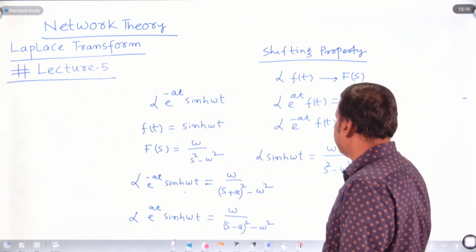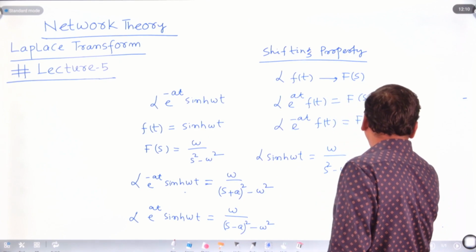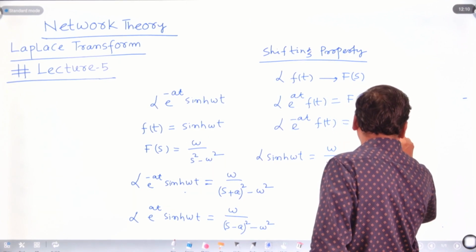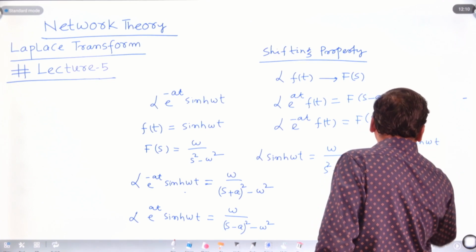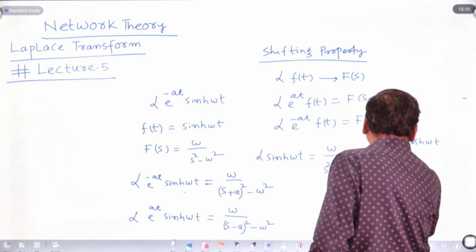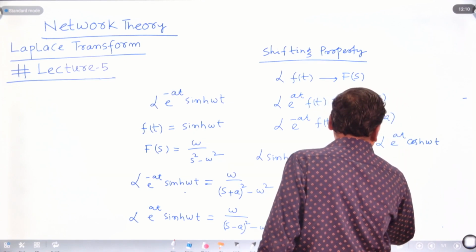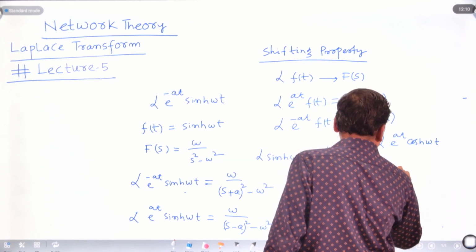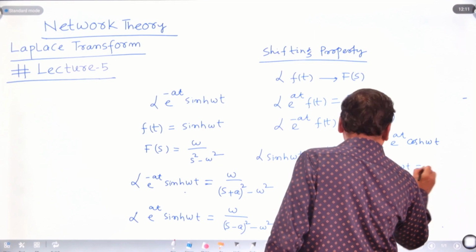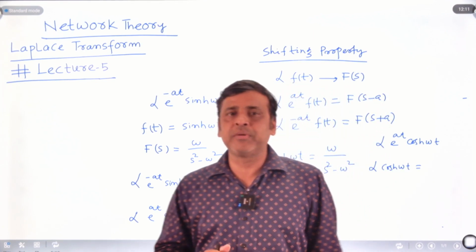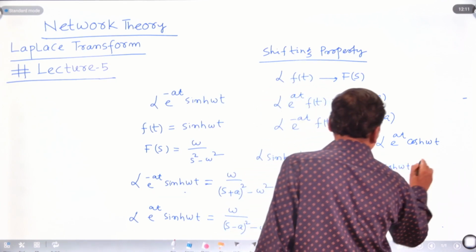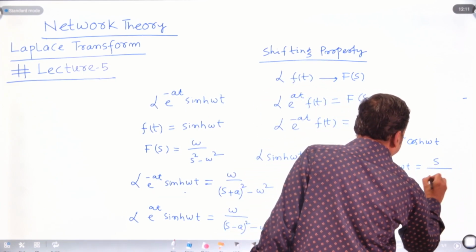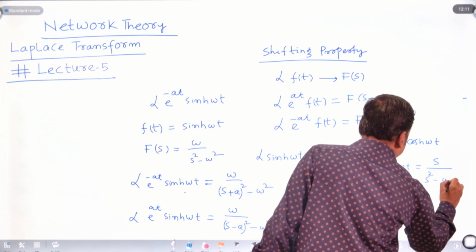If I say cosh omega t, what is the Laplace transform of e to the power at cosh omega t? You already know the Laplace transform of cosh omega t. For either sinh omega t or cosh omega t, the denominator is s square minus omega square. Since it is cosh, the numerator is s.